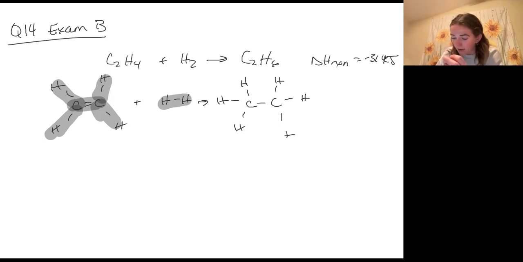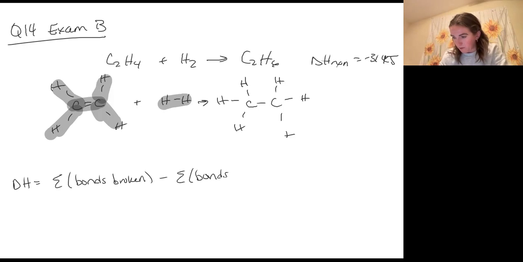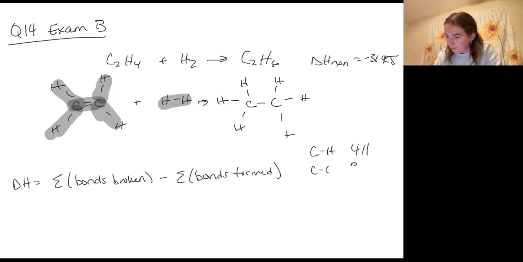When we sum this up, our delta H is the sum of bonds broken minus the sum of bonds formed. You're given a bond enthalpy table on your exam booklet. Let me just scroll to that real quick. Okay, so we have CH is 411, CC is 350, and then C double bond C is 810.